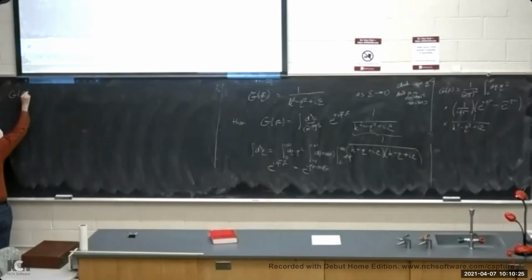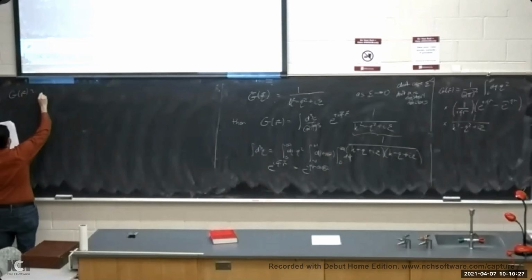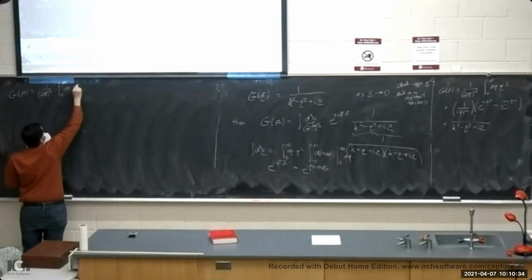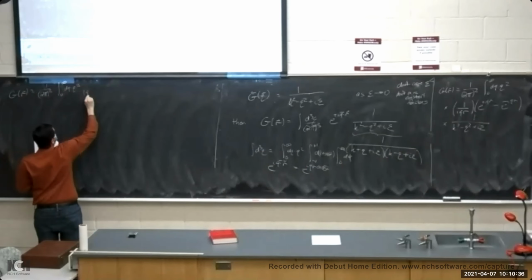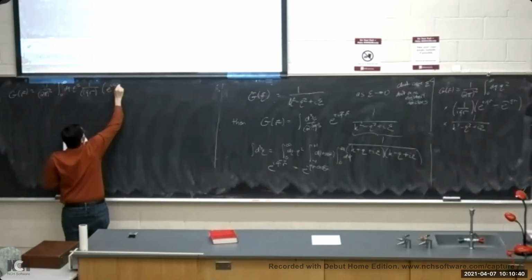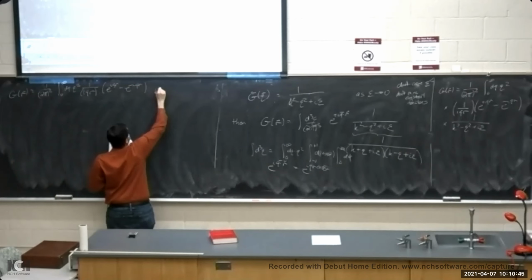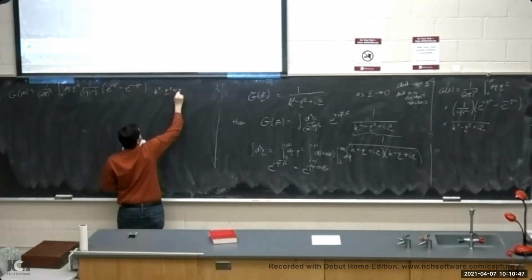So I get G of r is equal to 1 over 2 pi squared, integral from 0 to infinity dq times q squared. I have 1 over iqr, e to the iqr minus e to the minus iqr, 1 over k squared minus q squared plus i epsilon.